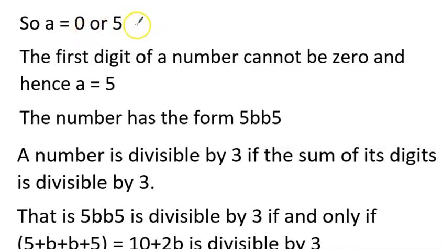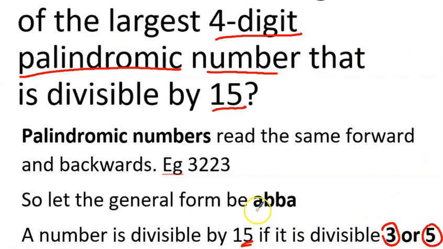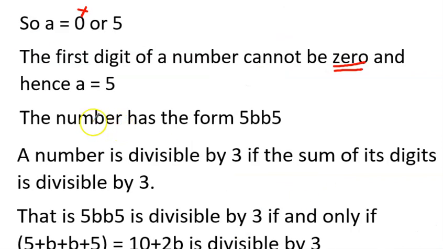Now remember, when you are looking at a number, you can't start a number with 0. So that takes this one out, leaving 5. So we can confidently say that A here, the first digit, will be 5. If the first digit is 5, then the last digit will also be 5. So the number now becomes 5BB5.